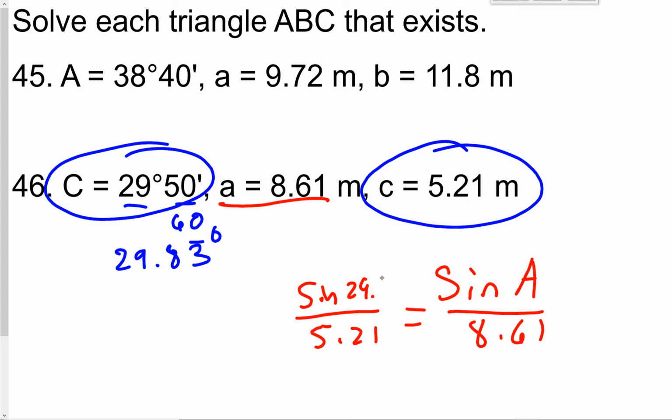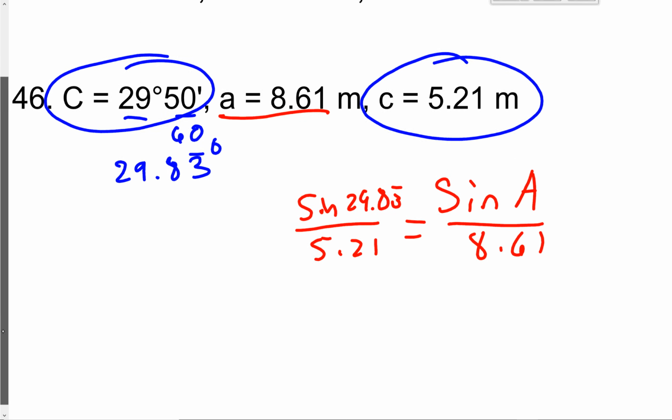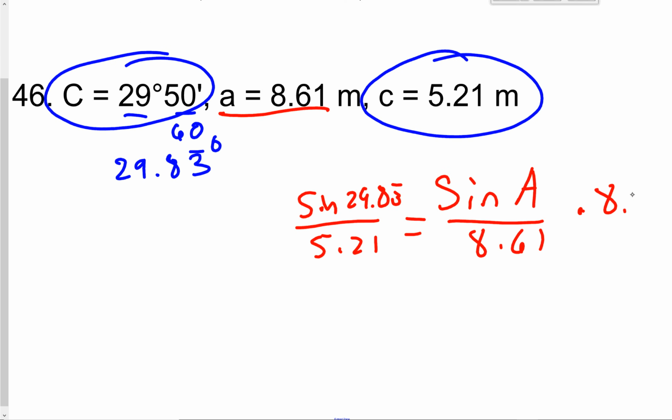The angles are on top. Okay, so we're going to multiply both sides by 8.61. So 8.61 times sine of 29.83 divided by 5.21.